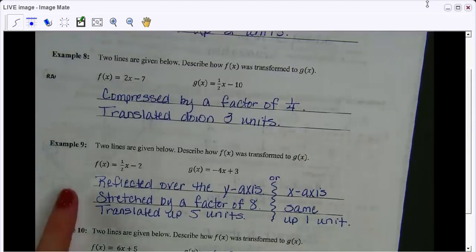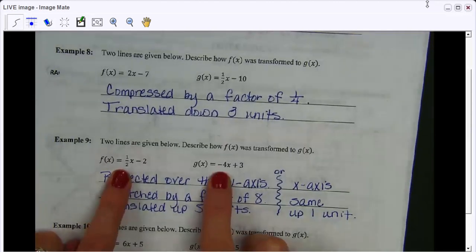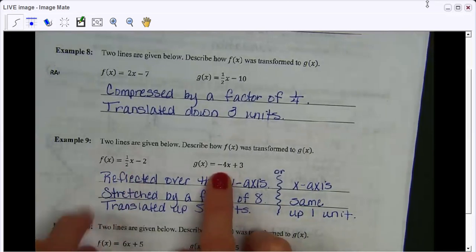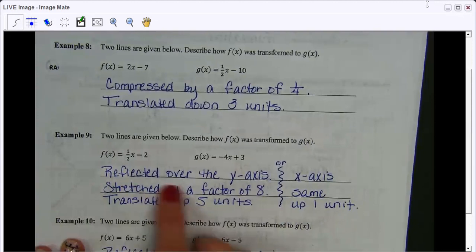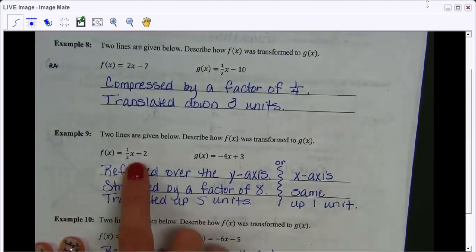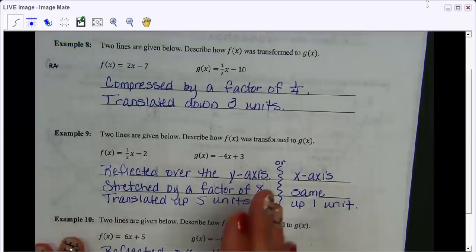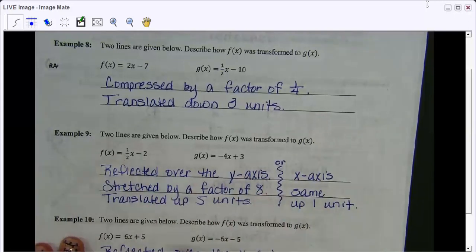So on 9, we went from a +1/2 to a -4. Because we multiplied this slope by a negative, we know we reflected it across the y-axis. It could be the x-axis if we also multiplied the y-intercept by a negative and then translated it down 1, but we're just going to look solely at the negative.